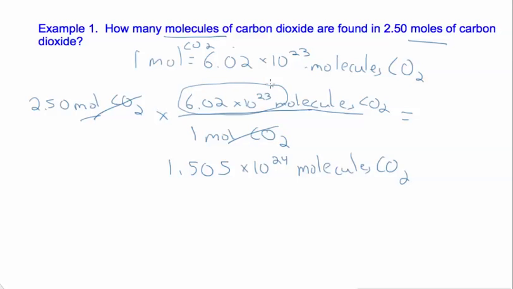Now I know some of you are not super confident about using this scientific notation, but it is much easier if you just put it into your calculator. Because if you just multiply the 2.5 times the 6.02, what you'll get is 15.05, and then you add on the times 10 to the 23rd, and then you have to fix it and make it be proper scientific notation. It's just much easier if you just put it in your calculator, using the EE button usually.